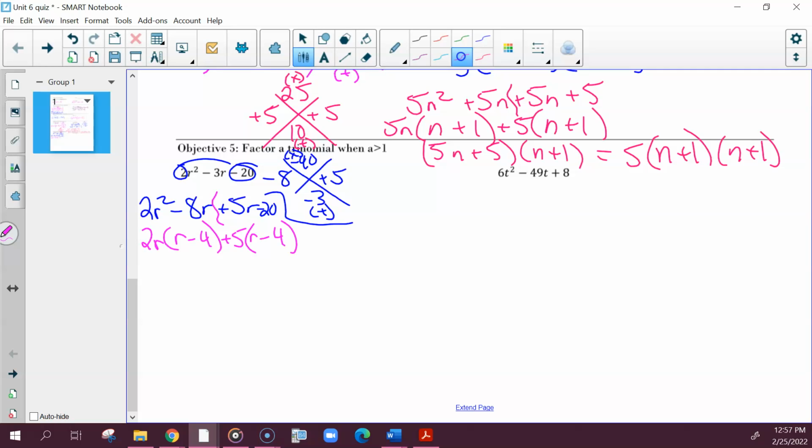And then our final two factors would be what and what? r plus 5 and r minus 4. What questions do we have on that?